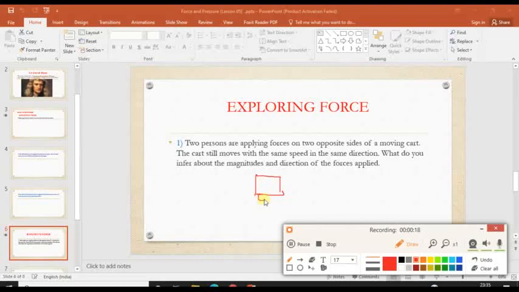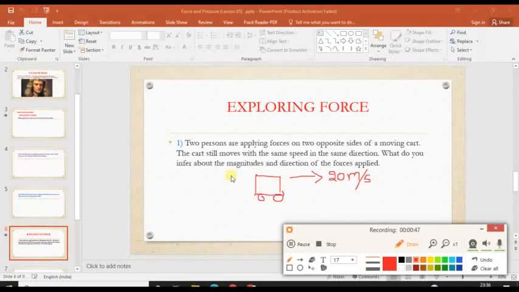It has wheels. Now, the cart is already moving with some speed. Let me say that it is moving with 20 meter per second. Again, meter per second is the SI unit of speed. We have come across this in 7th standard. Okay, 20 meter per second. It's moving towards the right.